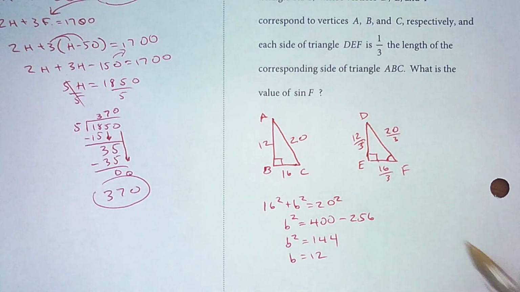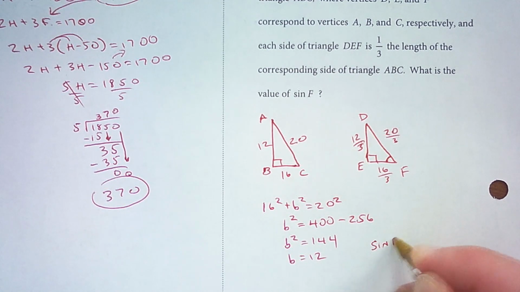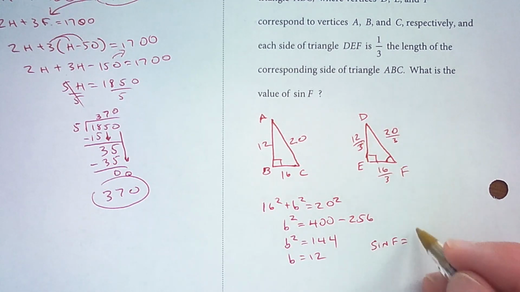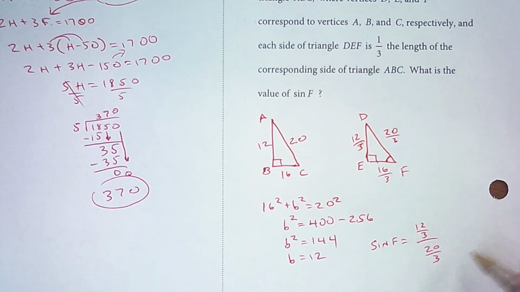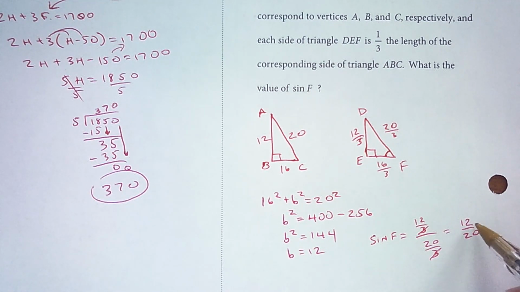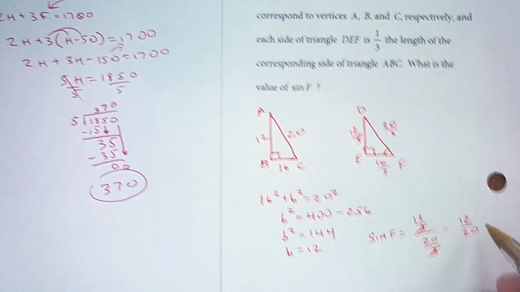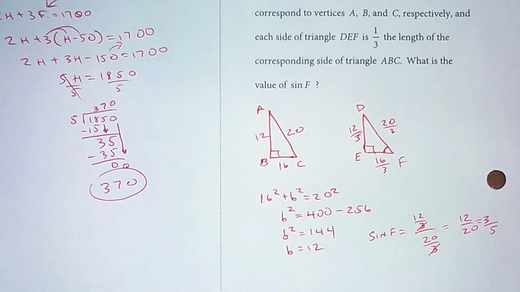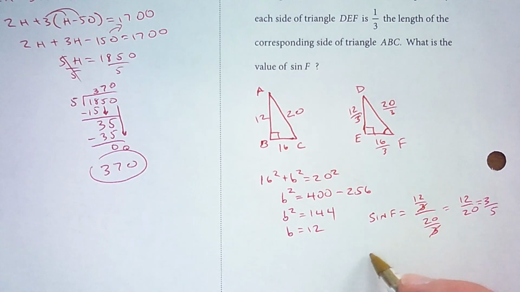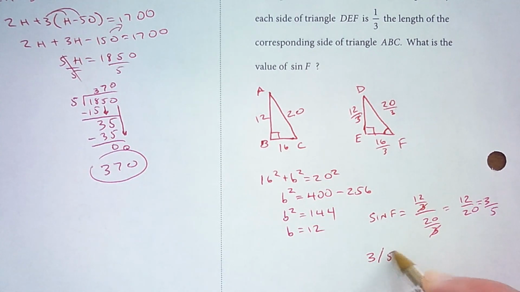Now sine F is opposite over hypotenuse. That's 12/3 over 20/3. Now these 3's in the denominator, those will cancel. So I've got 12 over 20. And 12 over 20 can be simplified. 4 goes into each 3 times and 5 times. So in the grid will be 3/5.